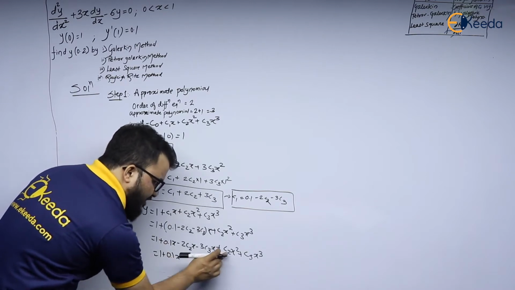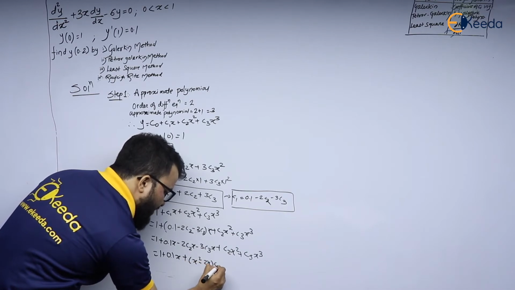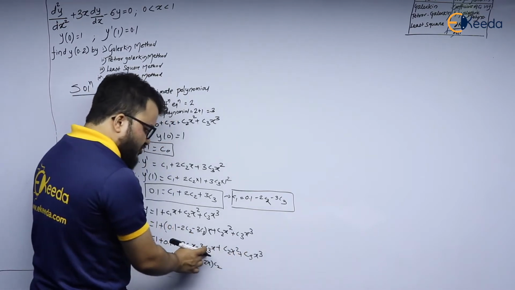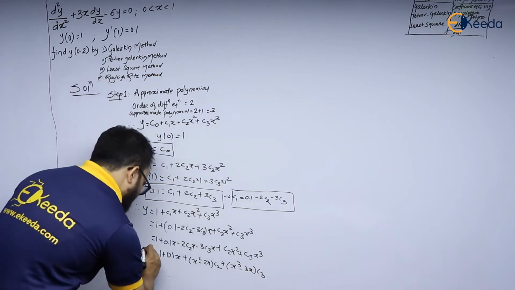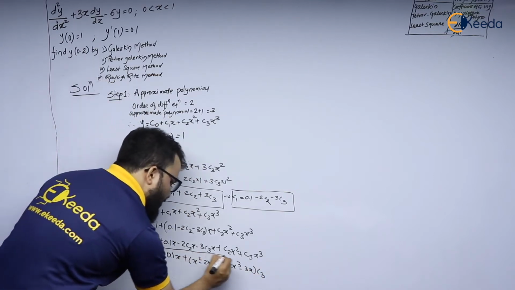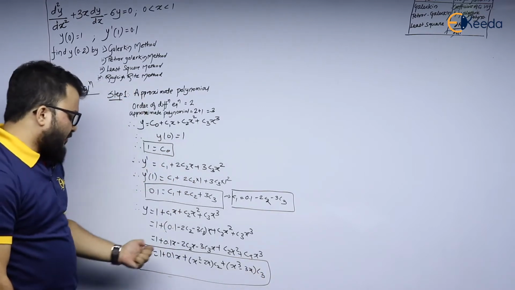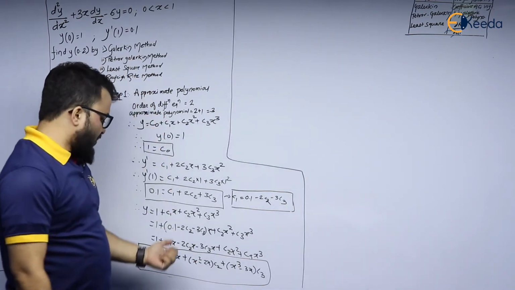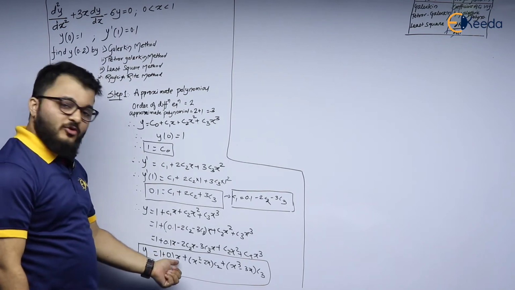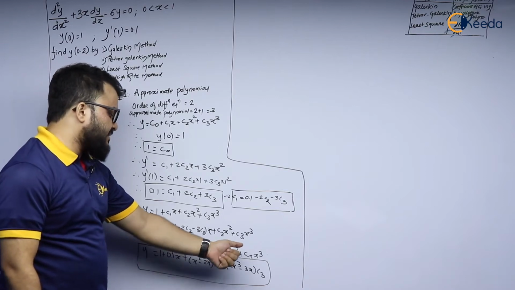Taking c2 as common, I get x square minus 2x into c2. Taking c3 as common, I get x cube minus 3x into c3. This is my approximate solution involving two parameters, c2 and c3. So the step number 1 equation is y equals 1 plus 0.1x plus (x square minus 2x) into c2 plus (x cube minus 3x) into c3.